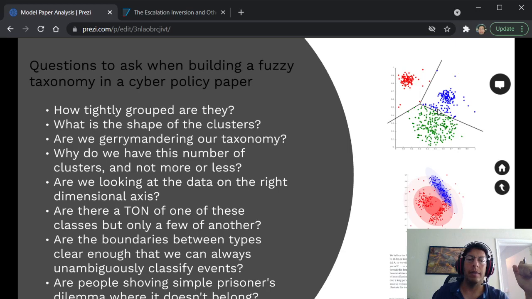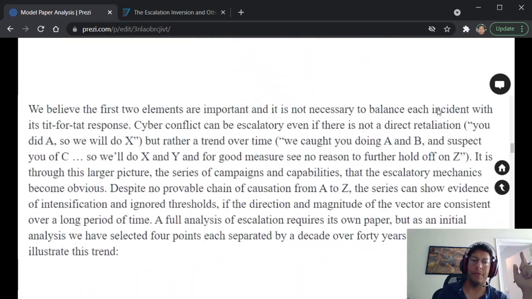And again, when people do these things, and this is a cyber policy issue from miles back, they shove simple prisoner's dilemma basics where it really does not belong. I'm just going to give you a quick example from every paper.